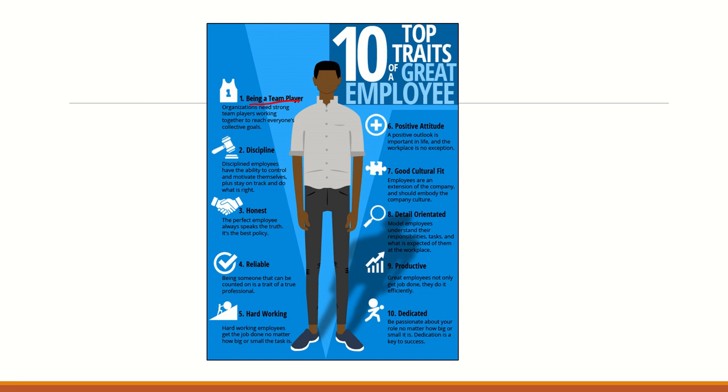As a team, being a team player. Discipline. You need to know what time you have to wake up and arrive at work. You need to dress up properly according to the policy. You need to have your own discipline.